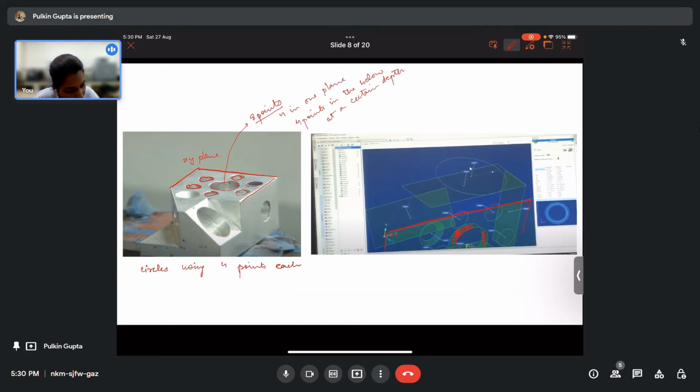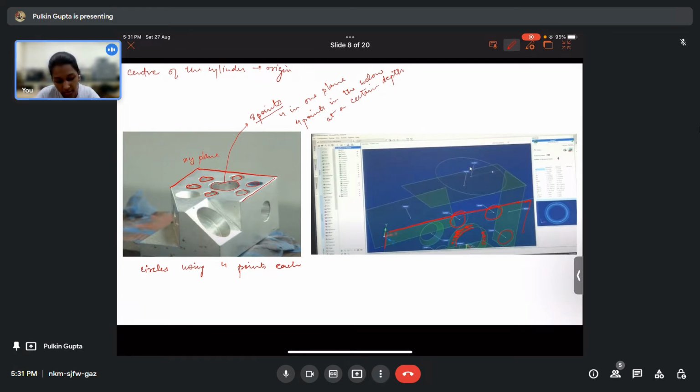Then the center of the cylinder was set as the origin. Okay, and then the coordinates of these circles were seen as per the set coordinate system.